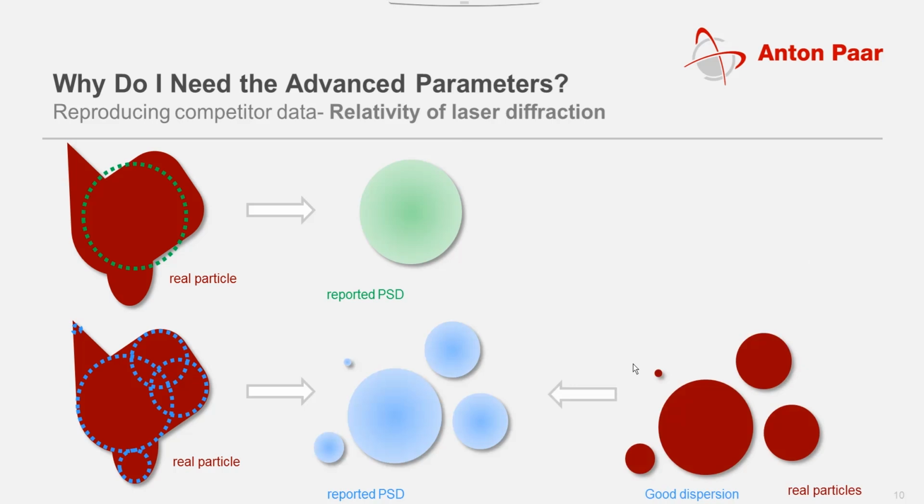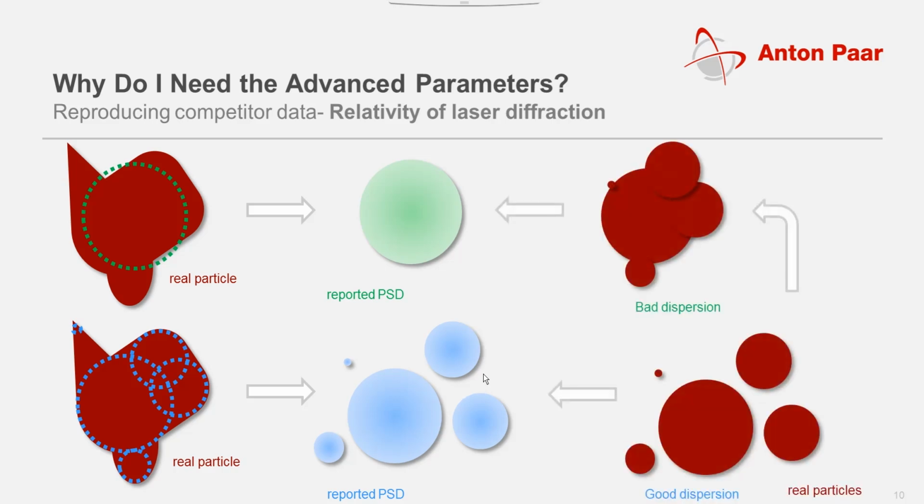The dispersion makes also the difference. A good dispersion will give a particle size distribution like the light blue one, which is polydispersed, while a bad dispersion could give a particle size distribution like the green one, which is monodispersed. This relativity of laser diffraction is in particular true for irregular shaped particles.